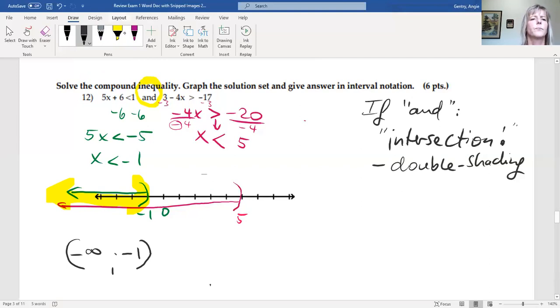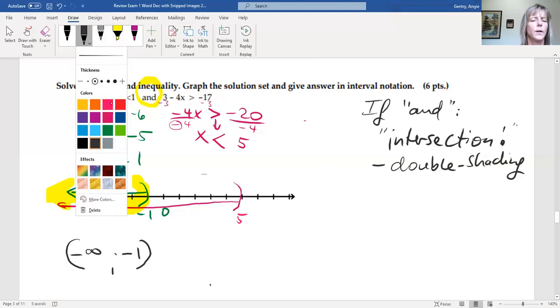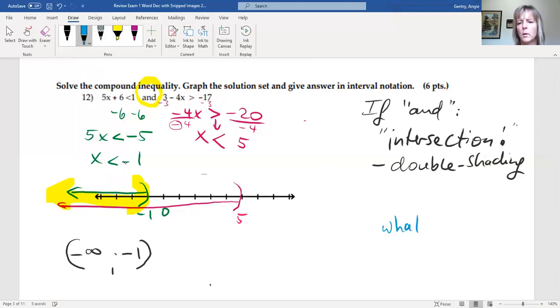Now, I do like to talk about what if this said or, you know, and this isn't this problem, but what if the problem said or? I'll do this again on the next one just to clarify. But if it said or, it means union.